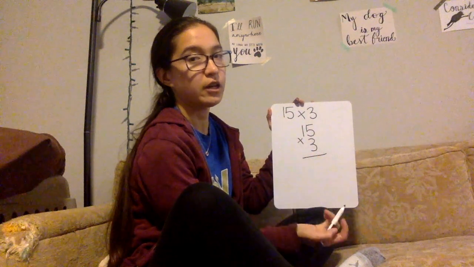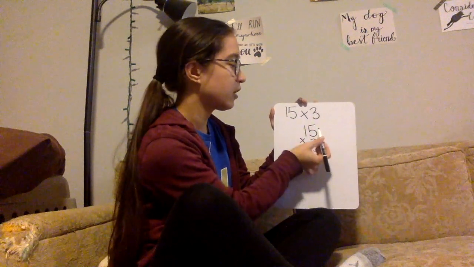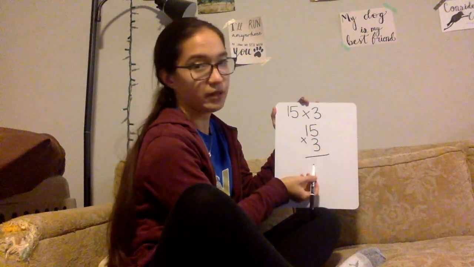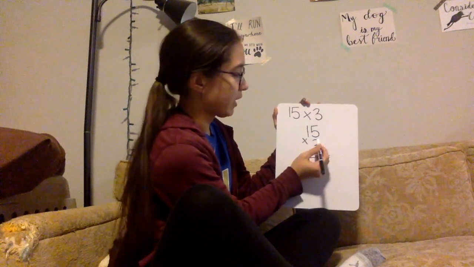And then, just like you do with adding or subtracting your numbers when you write them vertically, you're going to be very careful about lining up your ones place and your tens place. Okay? You're going to start over here in the ones place, just like you do when you add or subtract, and you're going to multiply up. So you're going to do 3 times 5. 3 times 5 is 15.